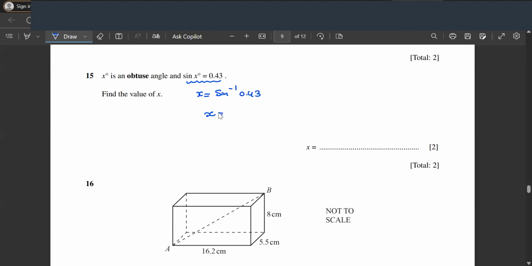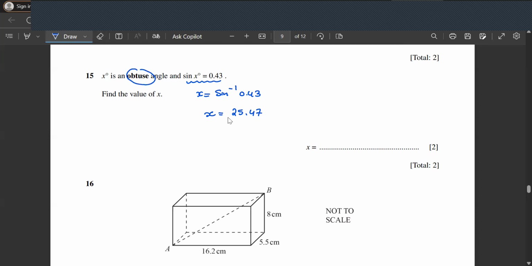If you do that, you will get 25.46 or 25.47. Is it the correct answer? No. Why is it not the correct answer? Because he said obtuse angle, and this is not an obtuse angle.